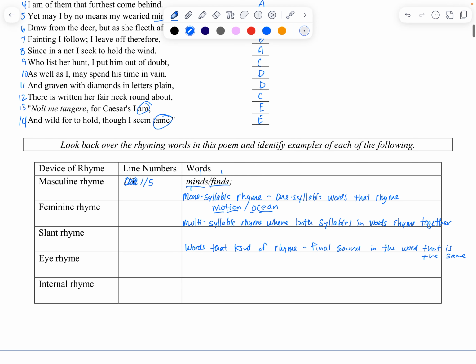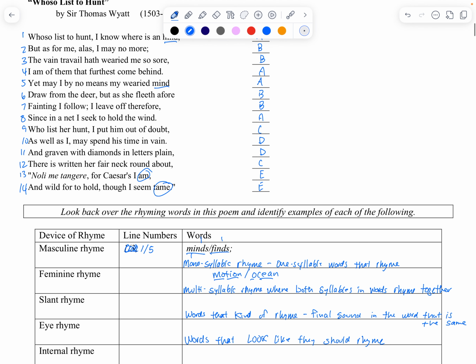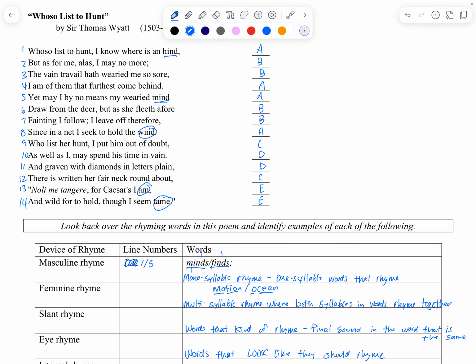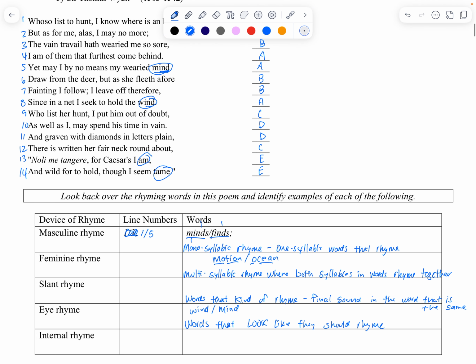An I rhyme is going to be words that look like they should rhyme. For instance, we have wind and mind. When you pronounce these words, they don't actually rhyme, but they look like they should rhyme because of the final three letters in those words. Okay, so wind and mind. And we see those on lines 5 and 8.